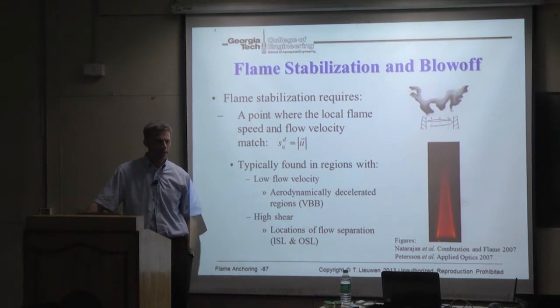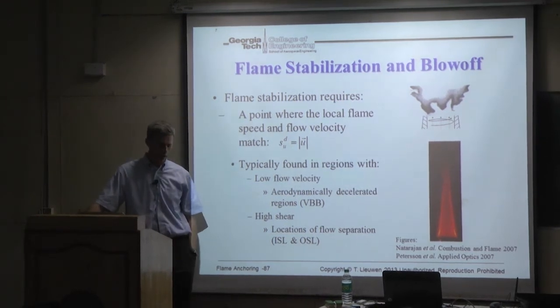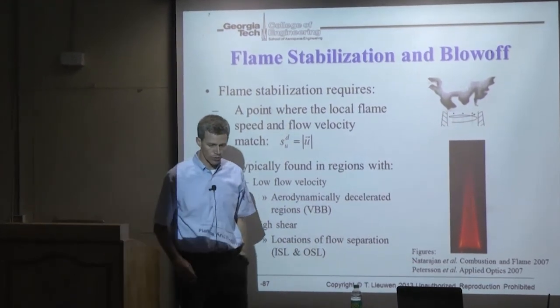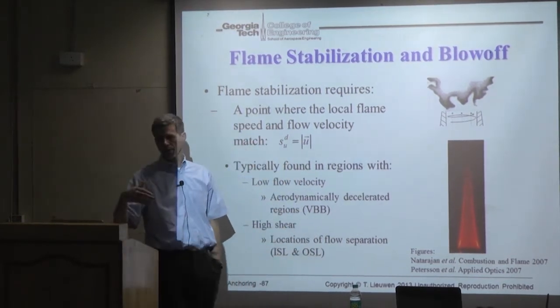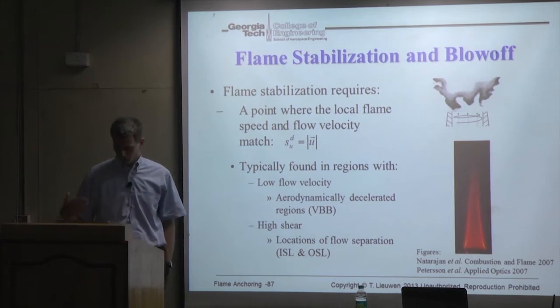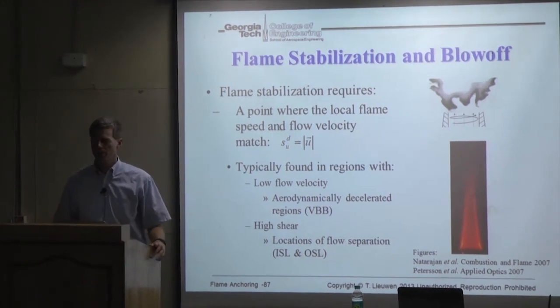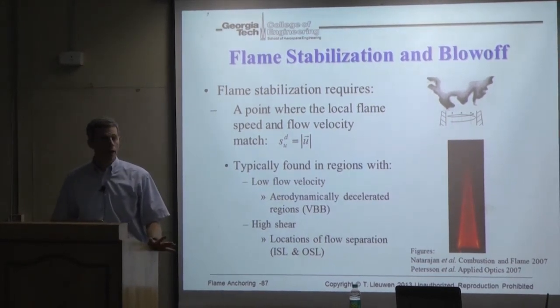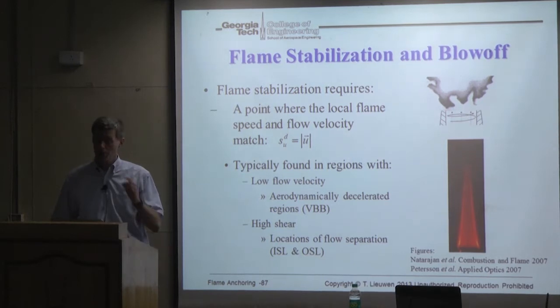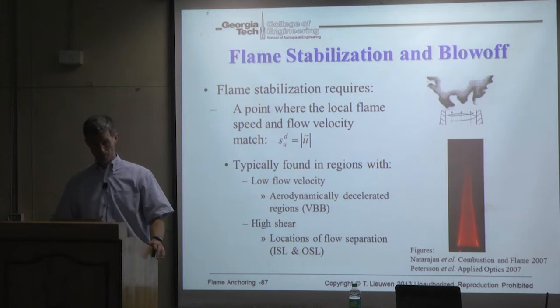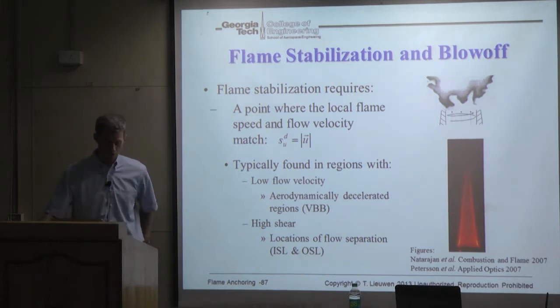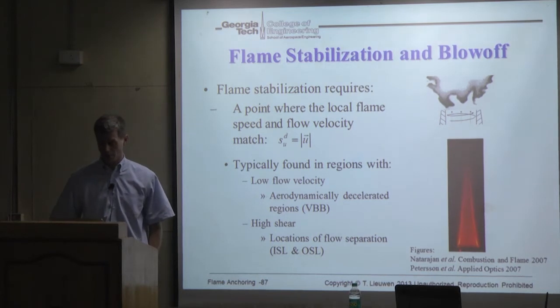So that raises the question: if you think about what you've learned in combustion about one-dimensional premixed flames, about burning velocities and the structure of those flames, what happens when you put a flame in a region where there are significant velocity gradients, or if alternatively the flame is not flat, if the flame is curved? That's going to lead us to the whole concept of flame stretch.